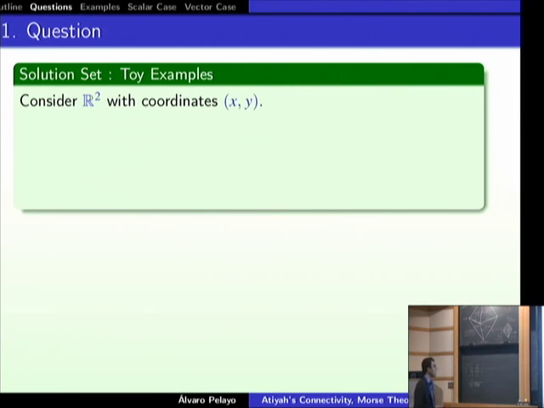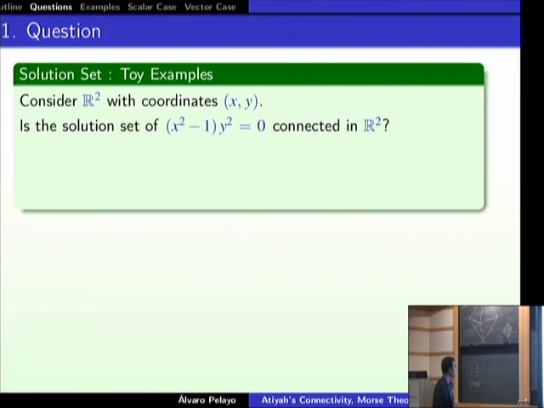Suppose that you are in the plane and you have coordinates x and y in R2. You can ask the question, is the solution set of this equation on 2 variables, which is a polynomial equation, connected in R2? So you can very quickly figure out that the solution set of this equation is the vertical lines that go through 1 and -1, and the horizontal line, which is the x-axis.